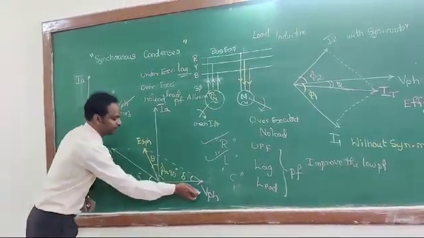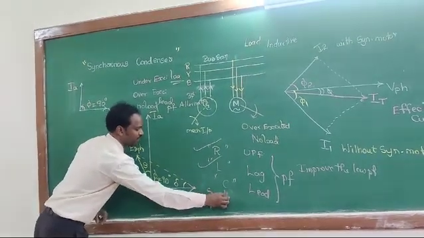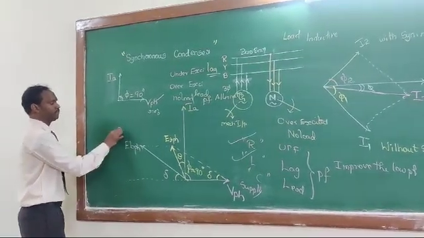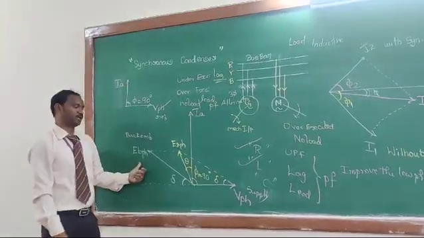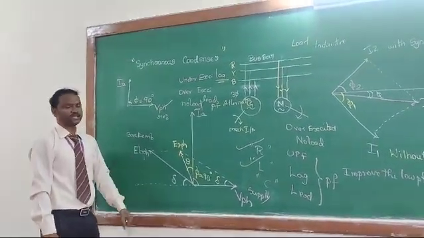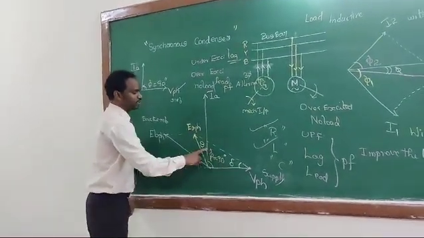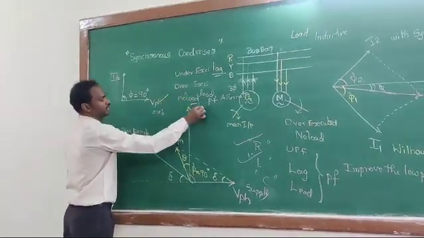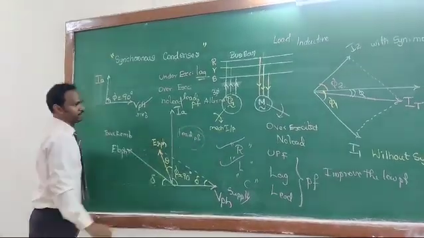Here V phase is the supply voltage provided to the motor, Eb phase is the back EMF induced inside the synchronous motor, and Er phase is the resultant voltage. So this is the phasor diagram for over excitation, that is, the leading power factor.